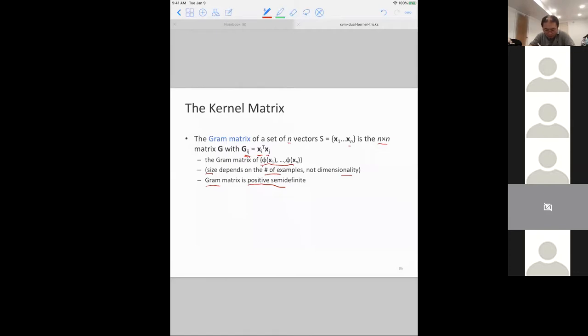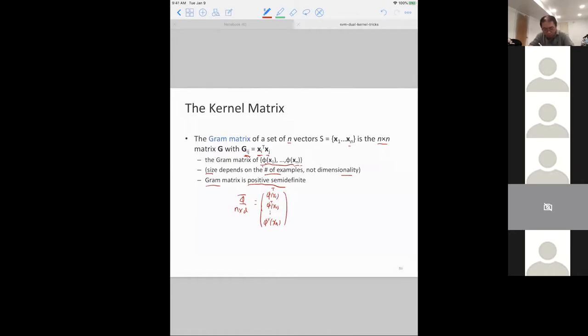In general, we can use a matrix to represent all the vectors. So this big Phi represents the matrix that is n by d, where each row is a mapped feature vector. The first row is phi(x1) transpose because it's a row vector, the second row is phi(x2) transpose, and the last row is phi(xn) transpose.